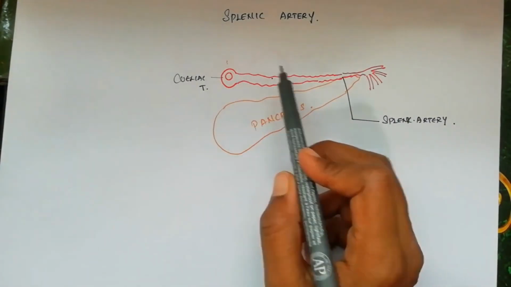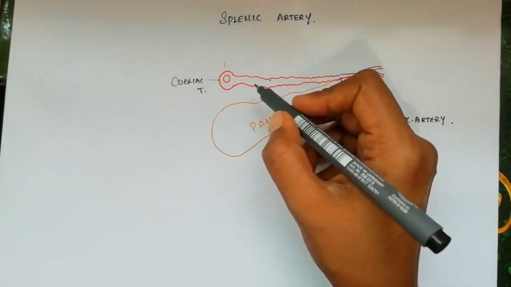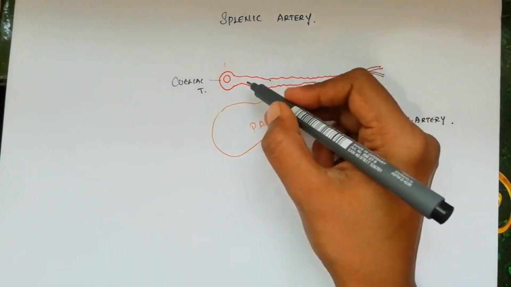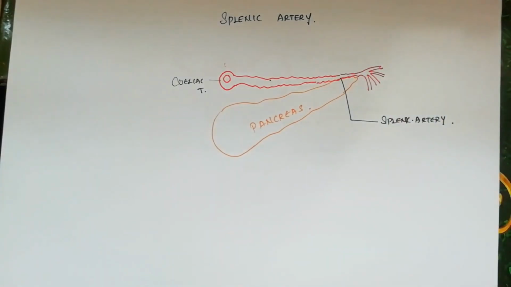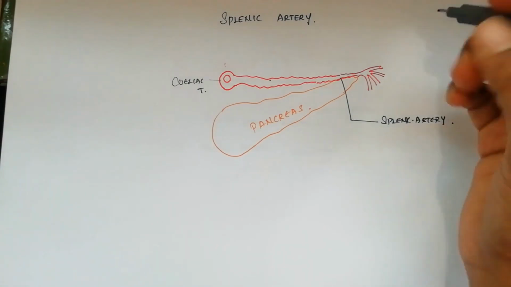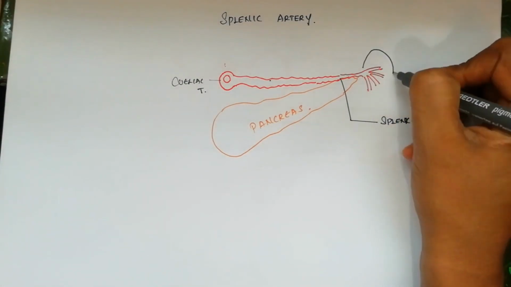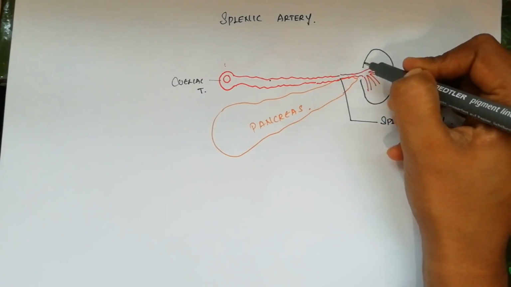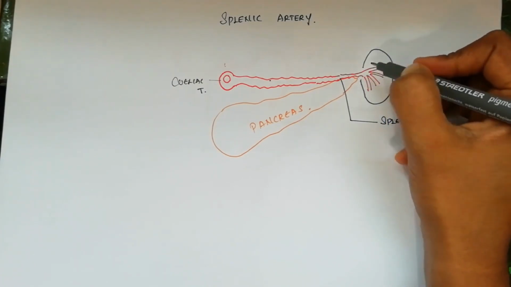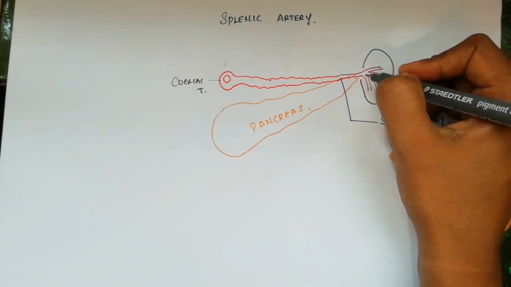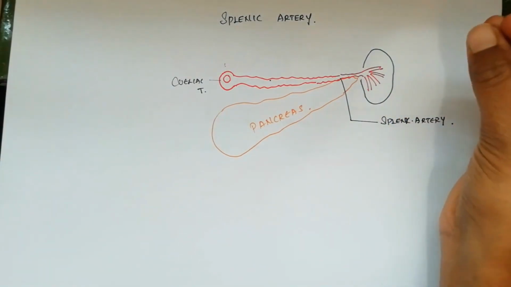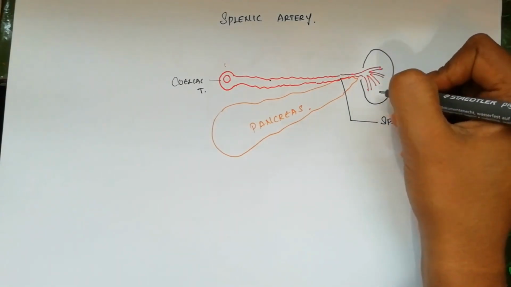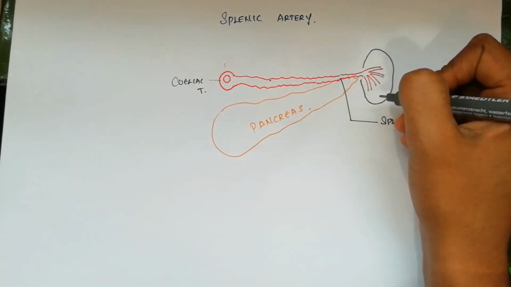It is the largest branch of the celiac trunk and has a tortuous course, passing towards the left side to end up in the hilum of an organ called the spleen. The hilum is the opening seen in the organ, and through that opening it ends up by dividing into smaller splenic branches, ending in the splenic tissue.